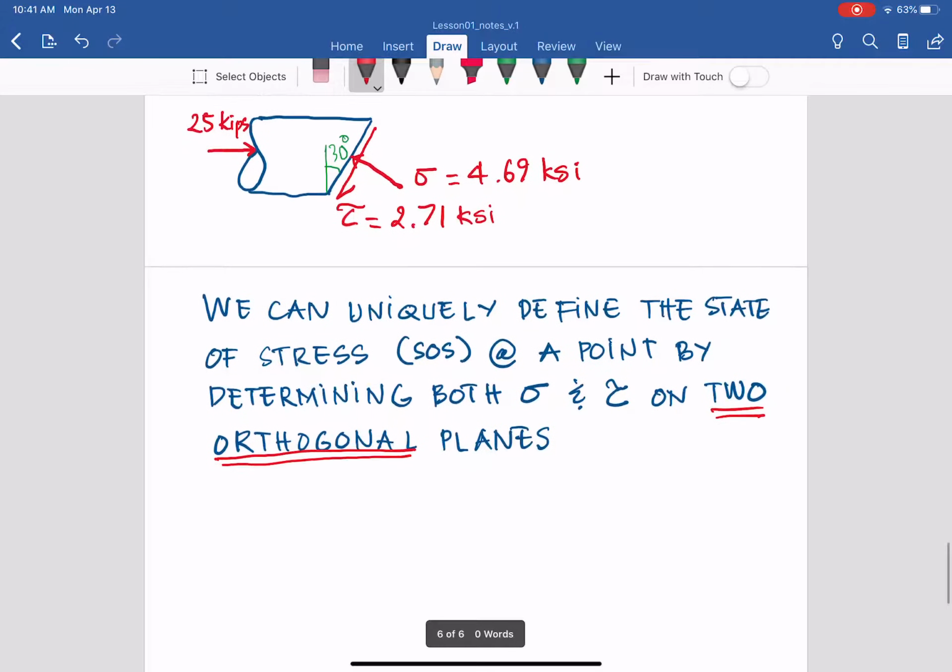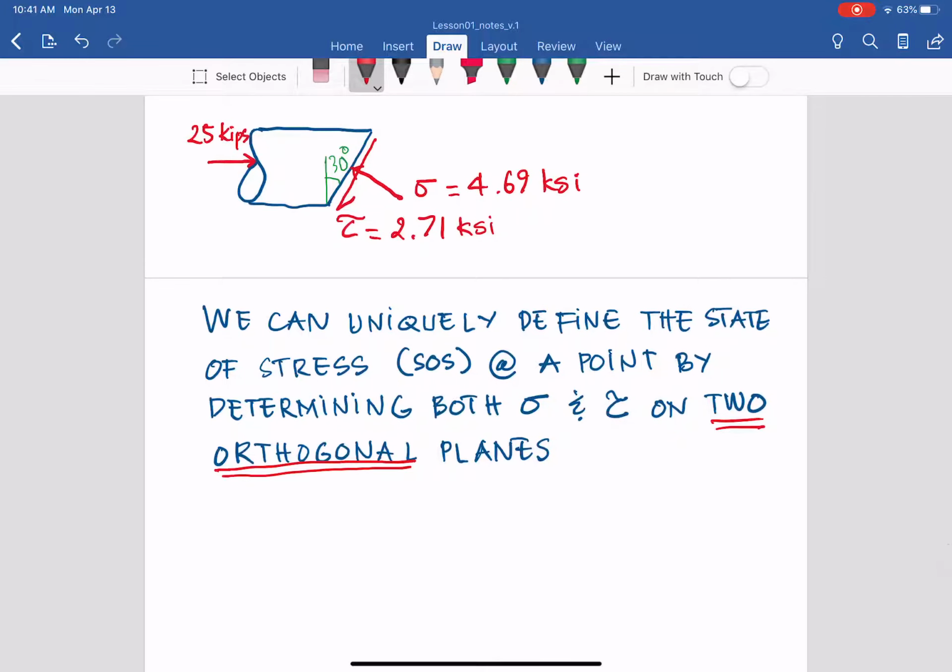As you can see, the angle theta for the first plane is 30 degrees. Then if we form another plane that is orthogonal to that plane, we can define the state of stress at that point. So let's continue. Draw that cut orthogonal to that plane.